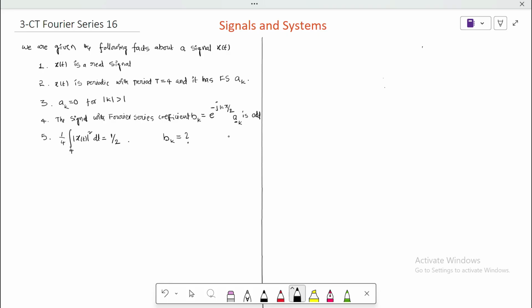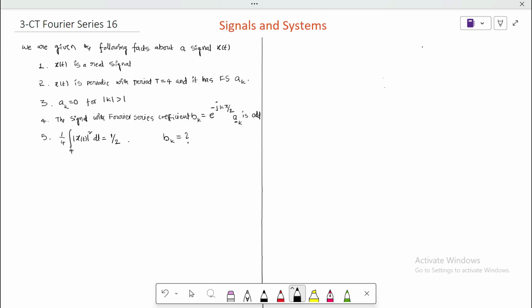Here b_k is given in terms of a_k, is it? So from the facts, we understood that b_k is a real and odd signal. Real and odd means the Fourier coefficient must be purely imaginary.